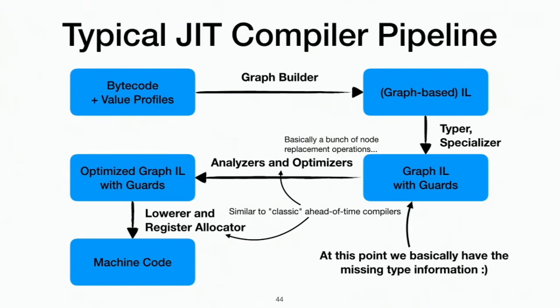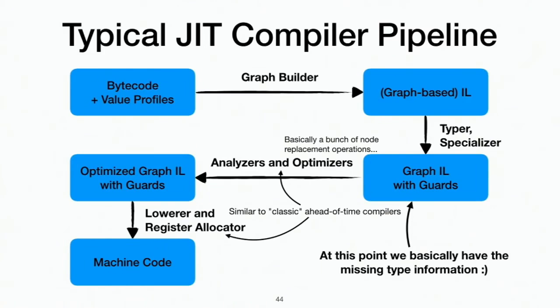So let's look at a typical JIT compiler pipeline. This is what you would see if you were to go through the code basically. Right now it always starts from bytecode plus value profiles. That's not necessarily like that. V8 used to feed the abstract syntax tree into its JIT compiler, but right now all engines start from the bytecode.